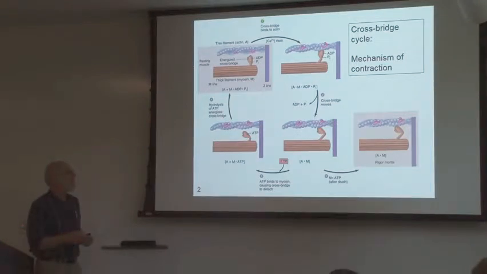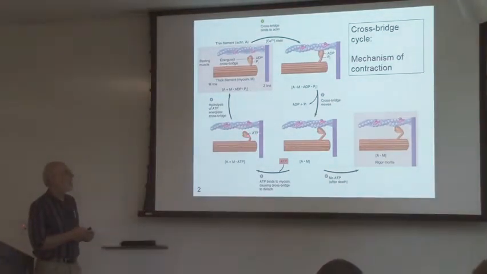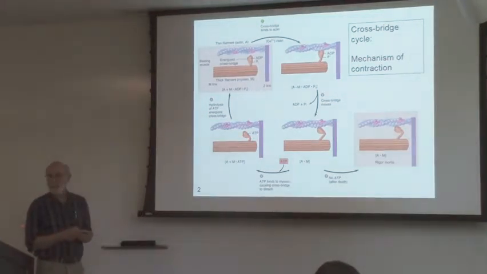Then binding of ATP is what releases the myosin head from actin. Let me do that again because I screwed it up. ATP binding to the myosin head causes it to release the actin.